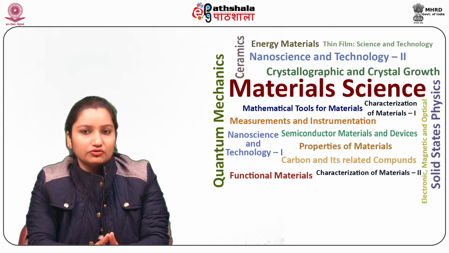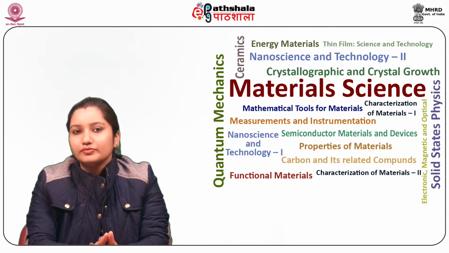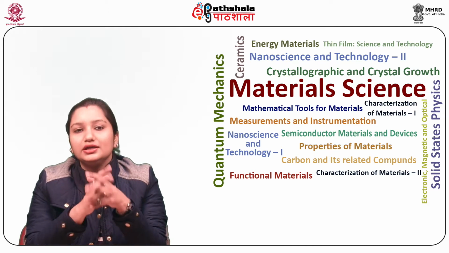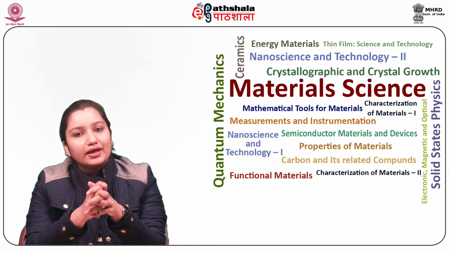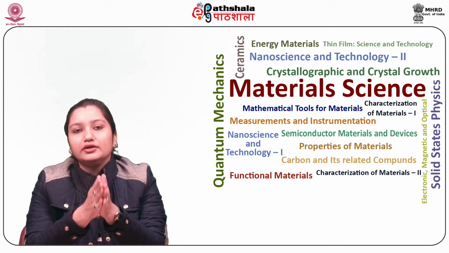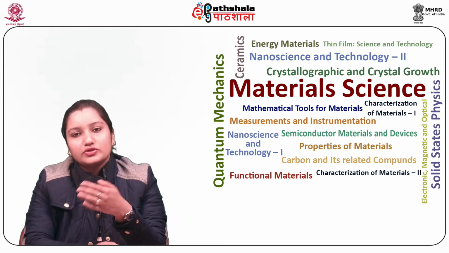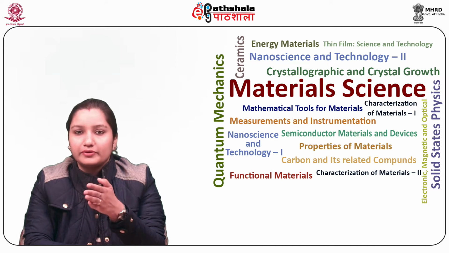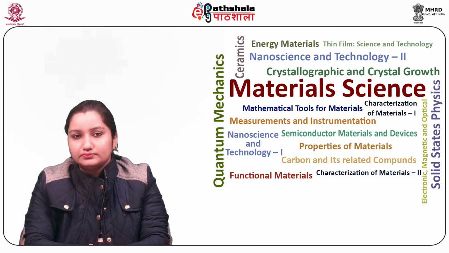So before getting into the details, let's have a brief introduction about the principle of the FTIR. Infrared or IR spectroscopy is an important system in organic chemistry which can identify particular functional groups present in the molecule.